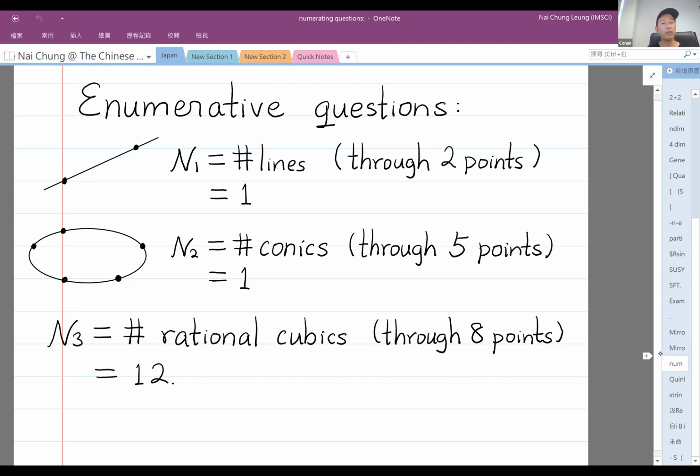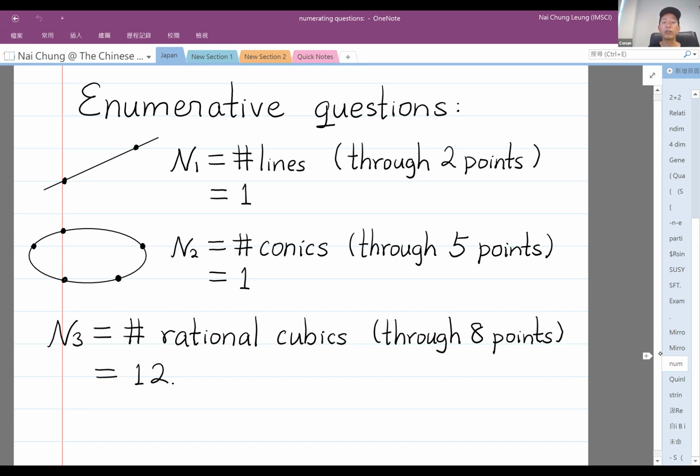With degree 2, you have much more flexibility, so you can allow it to pass through many more points. The right number of points is 5, so you can ask how many conics pass through 5 points, and the answer again is 1. But let's go on to the next type, where you want to count things of degree 3 which topologically look like a complex line.